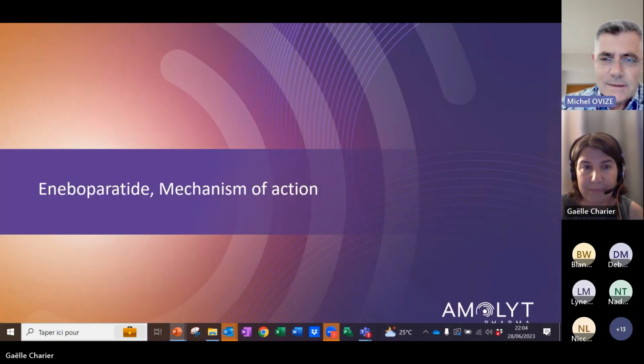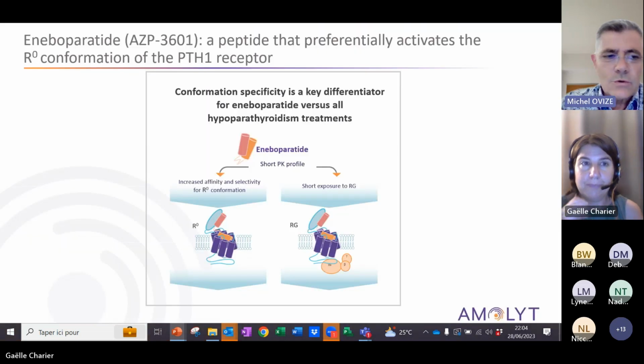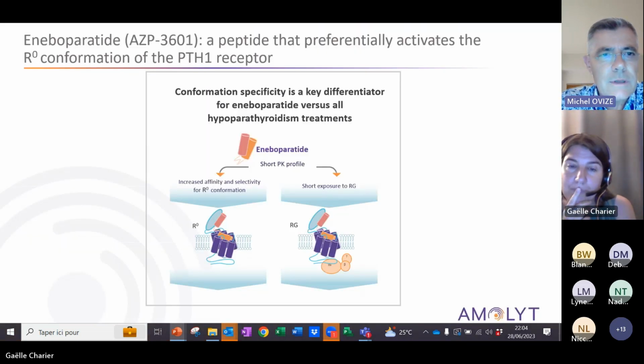Next slide, please. So we're going to talk today about our product, which name is eneboparatide. You previously named AZP3601. It's a peptide. A peptide is a small protein. And the mechanism of action is summarized in this figure. As you can see, eneboparatide has a specific property, which is to bind to what we call the R0 conformation of the PTH parathormone receptor.